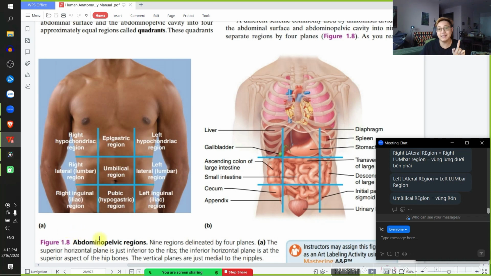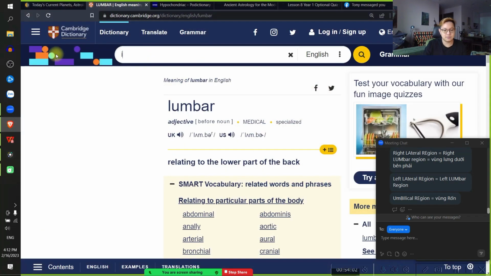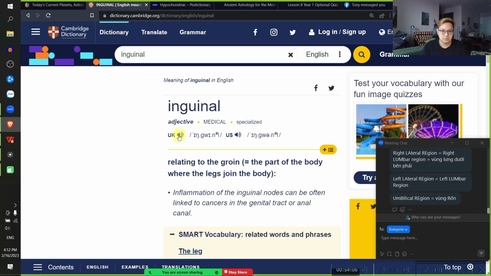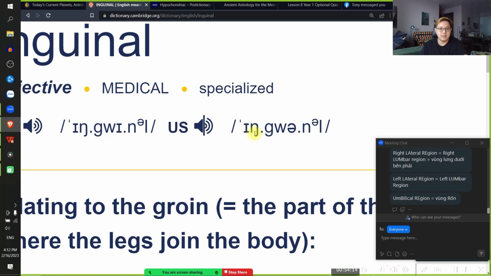Inguinal, the initial sounds, inguin. So right inguinal. Inguinal.